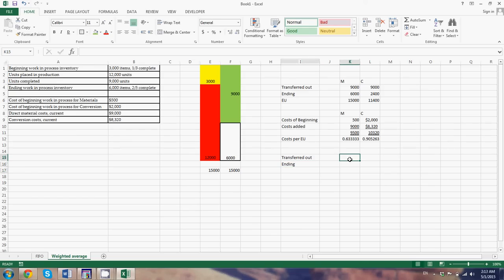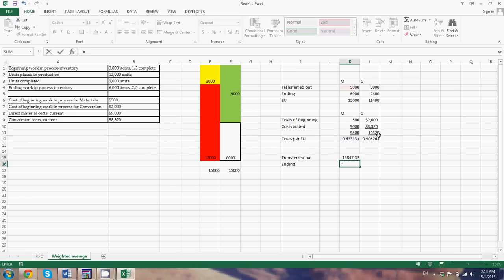For transfer out, we use the cost per equivalent unit for materials times the equivalent units for transfer out, plus the cost per equivalent unit for conversion times the equivalent units for transfer out. You get something like that.